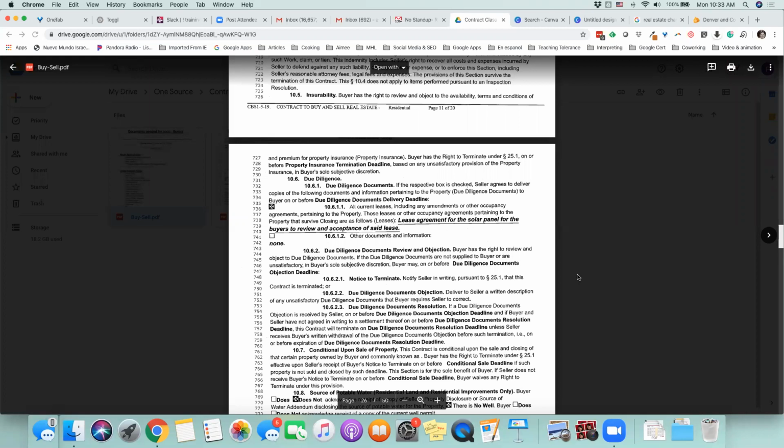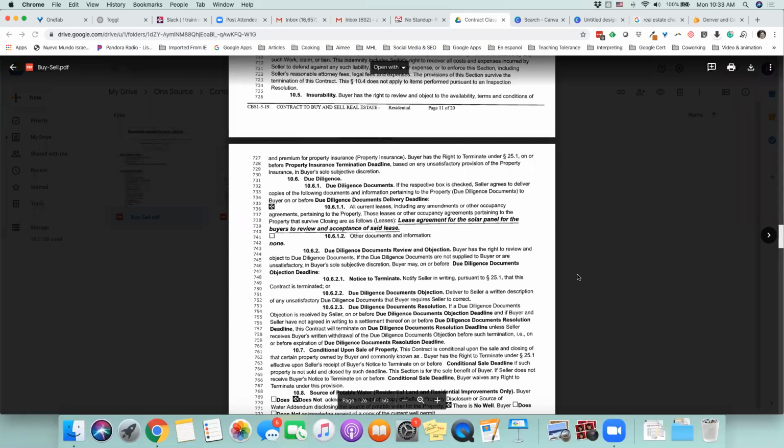This is only talking about leases, or something that has got to be reviewed by a buyer. Could be a lease, it could be some other things, but normally it's a lease on a solar or an alarm system or something of that nature.